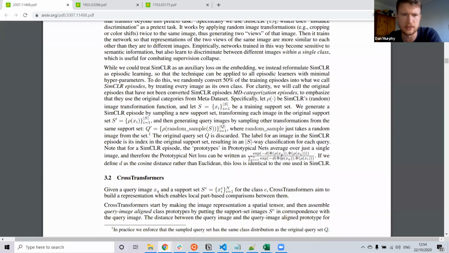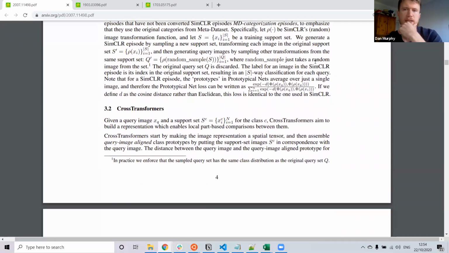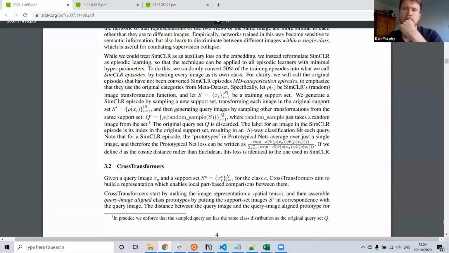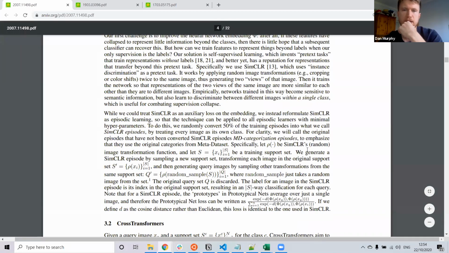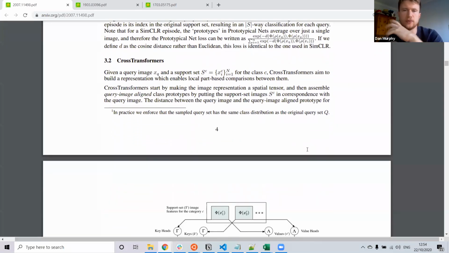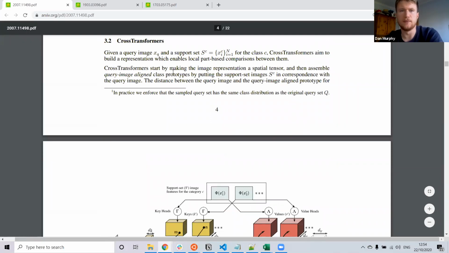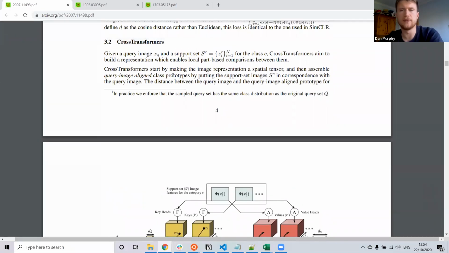And so you're trying to reduce that distance. So that's one training method that they put forward. And the other novel part of this paper is the cross transformers part. So this is sort of an addition at the end of.